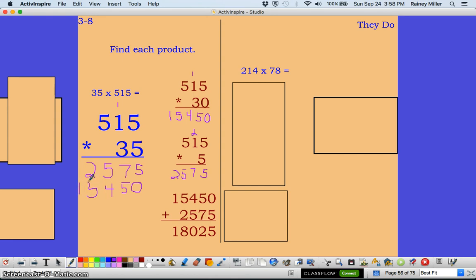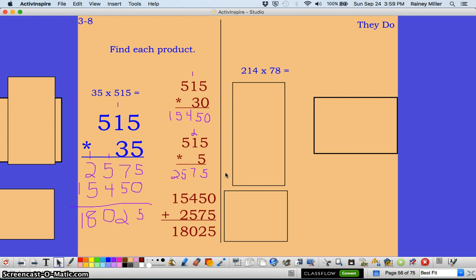And I add that together. So 5 plus 0 is 5. 7 plus 5 is 12. 5, 6 plus 4, that's going to be 10. 5 plus 2 is 7, 8. And then my 1 comes down, and I get my answer.